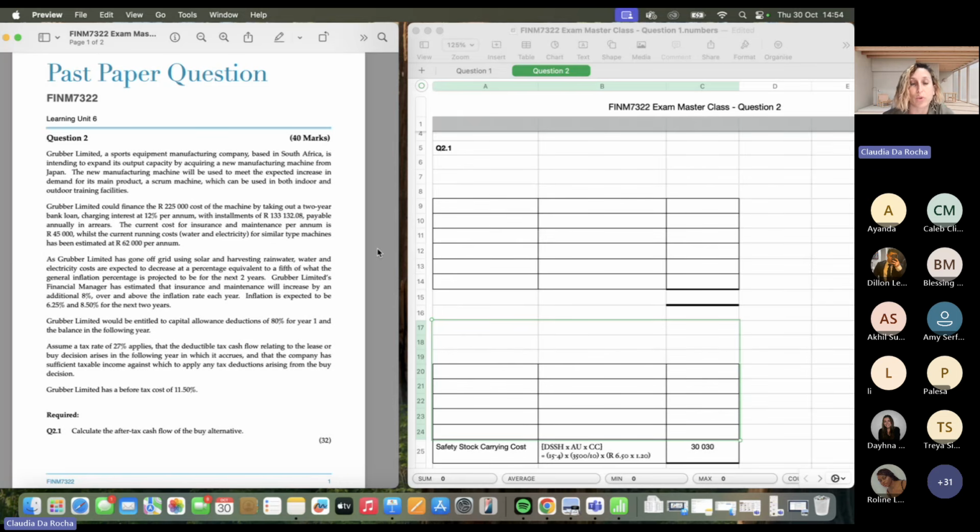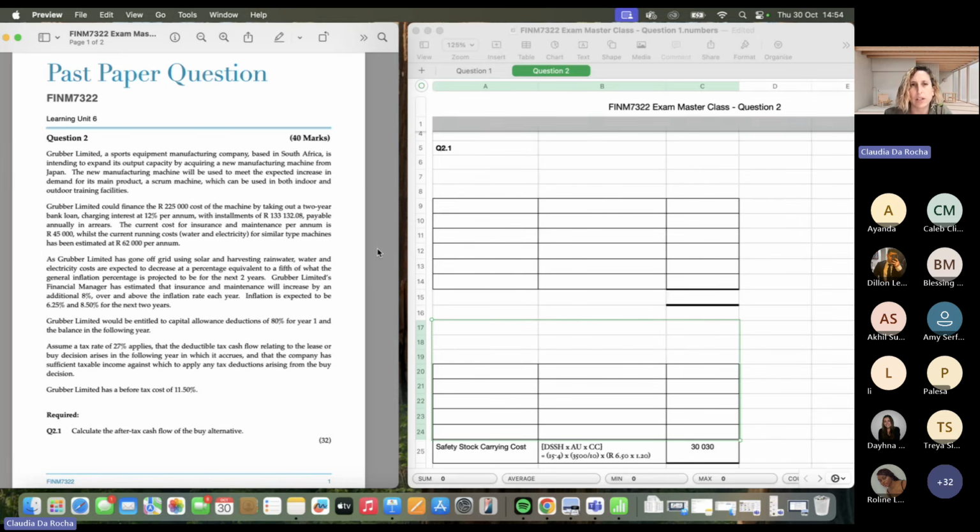Okay, so this is very important. Your tax rate, number 1. Number 2, when do you have your deductible cash flow? They are saying that it arises in the following year it accrues. It means that if I calculate my tax in this year, I can only get the benefit of that tax shield or tax benefit in the following year. I cannot get the benefit in the same year.